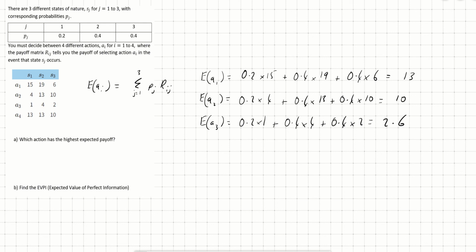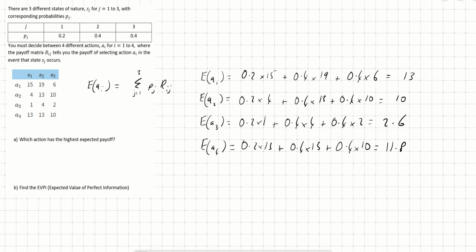And then finally, the expected value of action 4 is 0.2 times 13 plus 0.4 times 13 plus 0.4 times 10, and this is 11.8.